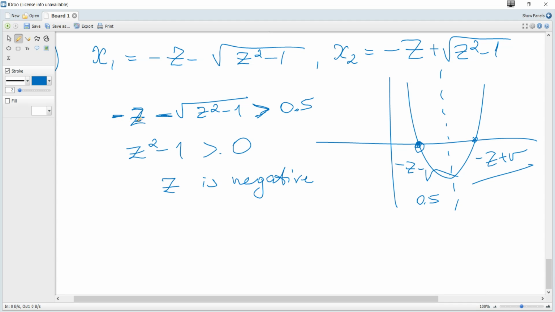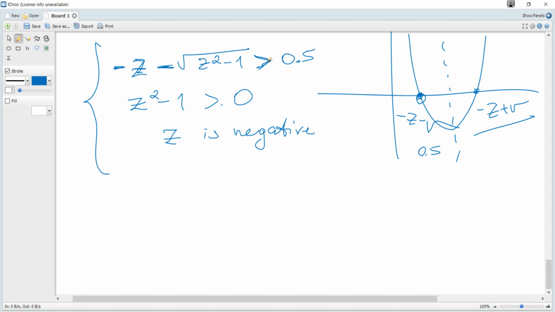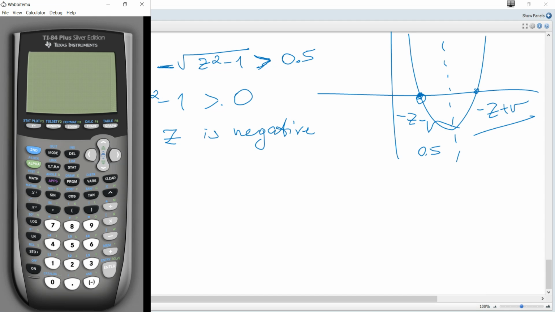When z is negative, there will be minus negative, so some positive minus positive, and it's possible to get it. Definitely we can find a critical point, just equate and solve for it to be 0.5, but to avoid mistakes, let's solve it using a calculator.